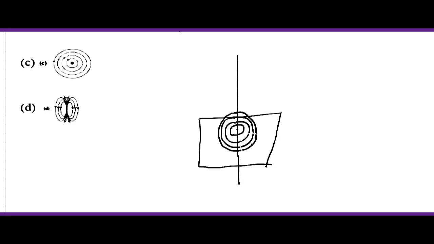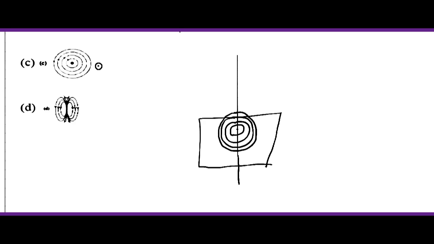This electric field has field lines which are also formed something like this, just as the magnetic field lines are formed. So basically the concept is, whenever the magnetic field is varying, an electric field is also induced, and the field lines are something like this.